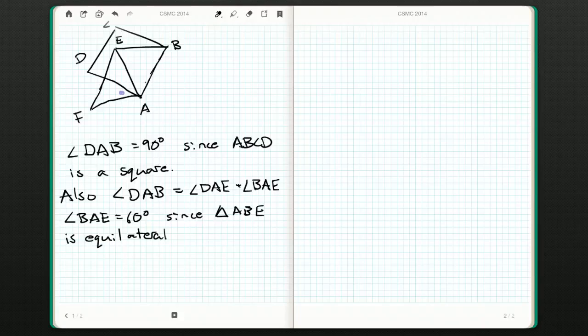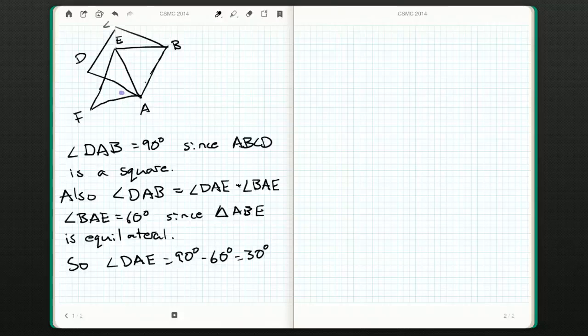So at that point I can rearrange this equation and find DAE is going to be 90 degrees minus 60 degrees. That's 30 degrees. Fantastic. We don't quite have the angle we want, but we have the angle that's next to it.